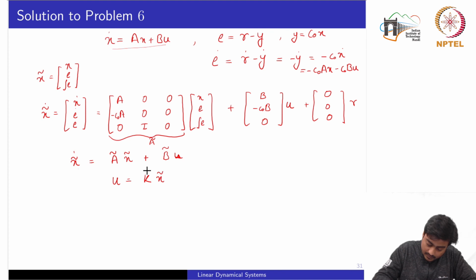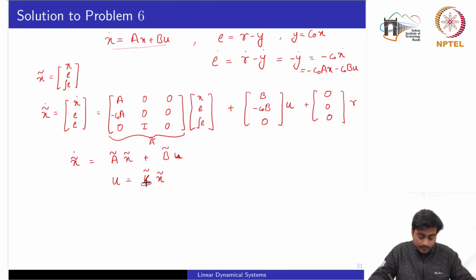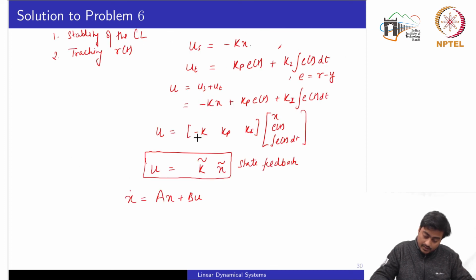The dimension of x tilde depends on x, e, and the integral of e. If x is 3-dimensional, e is 2, and the integral of e is 2, then in total we have 7 variables in x tilde. This is how we can compute this k tilde, and once we compute it, I can extract k, kp and ki from this k tilde.